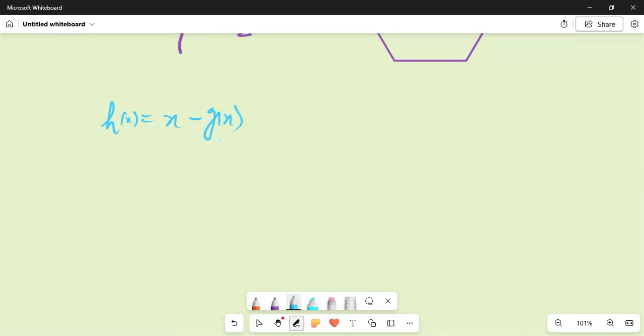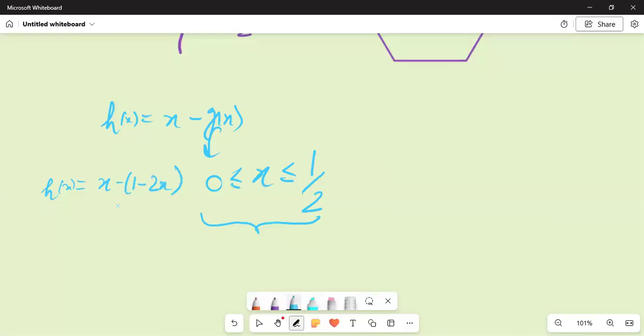Now you know that g is non-zero only for the points lying between 0 and half, and everywhere else g is 0. So if x is lying between 0 and half, then h will be x minus the definition of gx, which is this. So you get 3x minus 1.